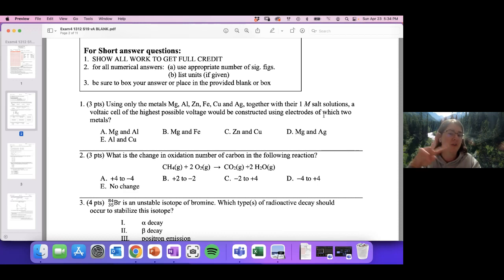There are 2 different ways to do this. I will do them both in the follow-up video, but for now, I'm just going to give you that hint: because of the 1 molar salt solution, you're going to use that table, and you're just going to use the standard reduction potential values off of that table. That's how that one works.